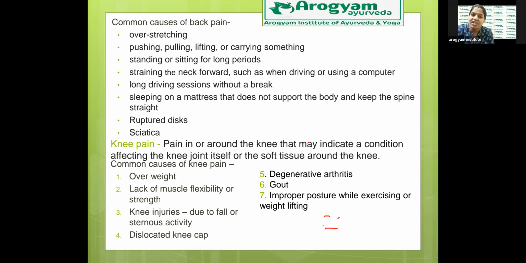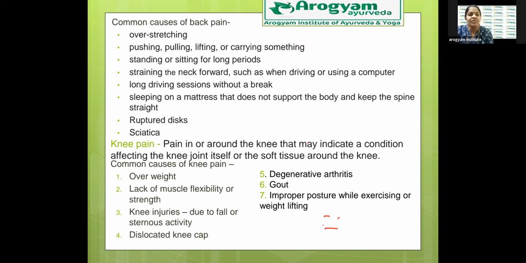Gridhra means vulture and gridhrasi means people walk like a vulture, that is the gait will be like tuku tuku, like walking like a vulture. So it causes enormous pain from back to the leg, end of the limb. The pain is there. So how do we treat this? Yes, we have many different approaches for treating this gridhrasi or sciatica.